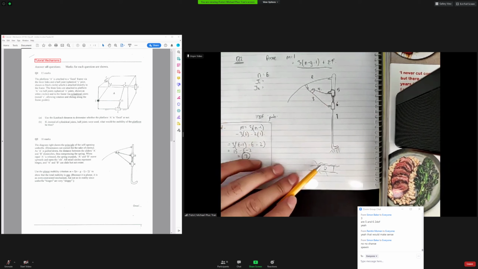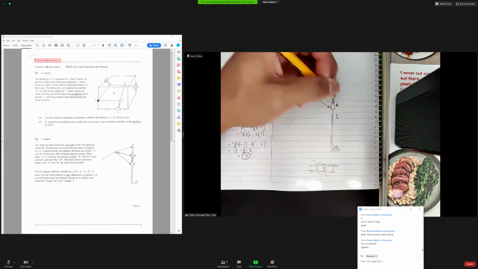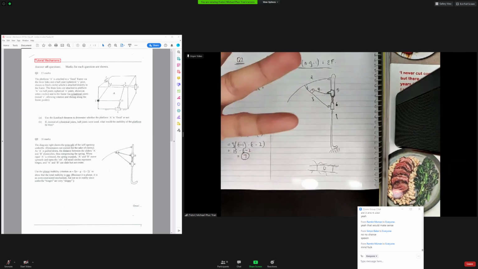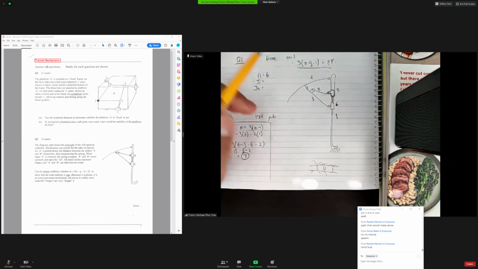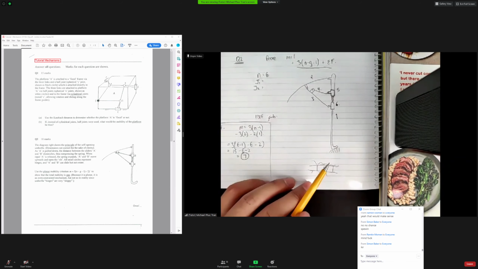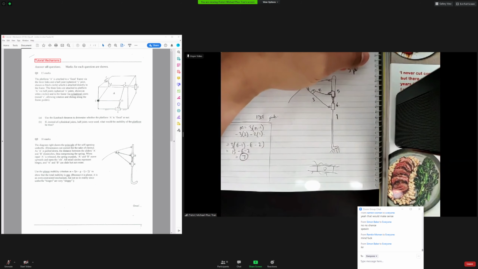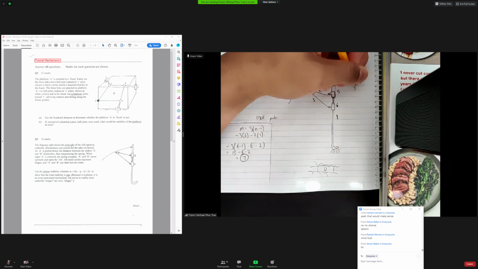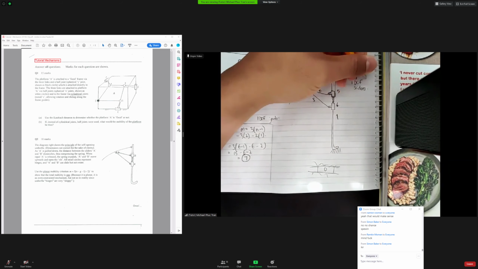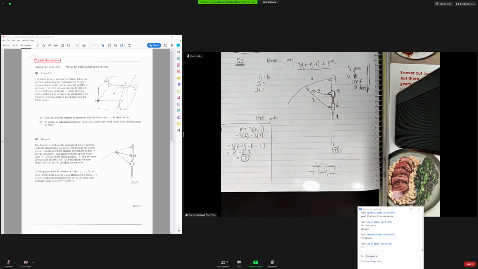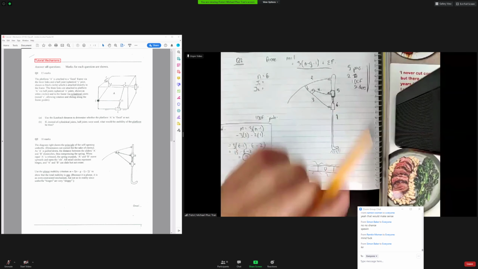So we've actually got 1, 2, 3, 4, 5. Yeah, it is pretty mind-bending, isn't it? So we've got 5 pins, right? 5 pins and 1 DOF sliders.